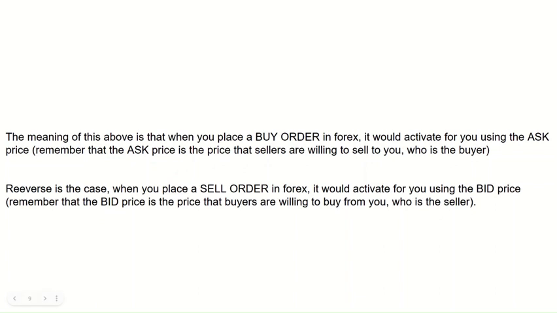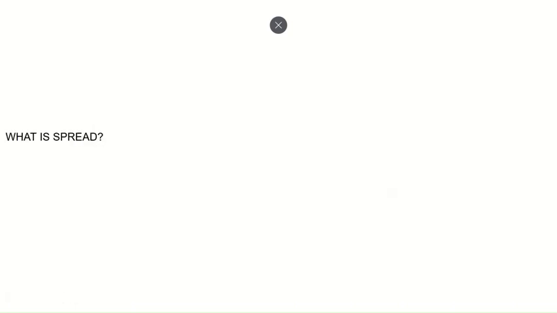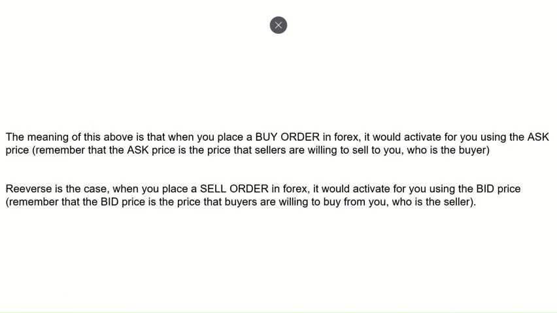The reverse is the case when you place a sell order in Forex. It would activate for you using the bid price. Remember that the bid price is the price that buyers are willing to buy from you, the seller. So if you're in the Forex market and you want to place a sell order, now you are the seller.